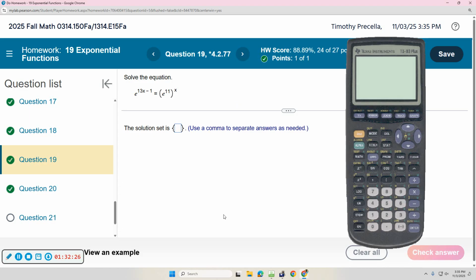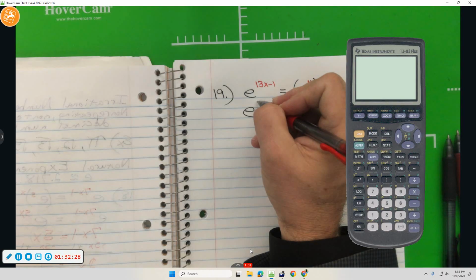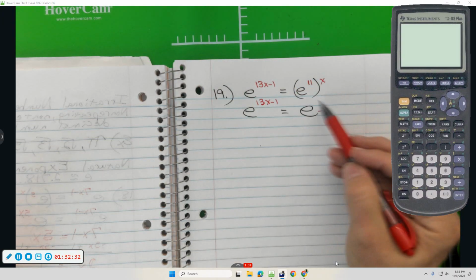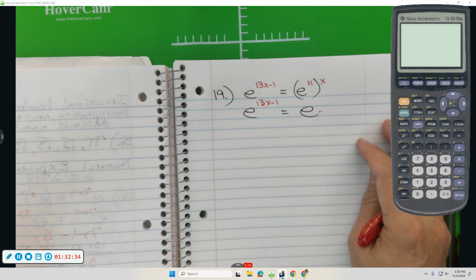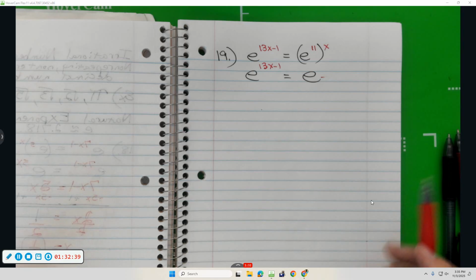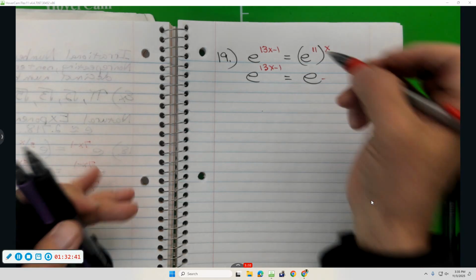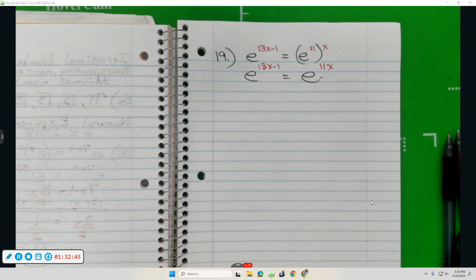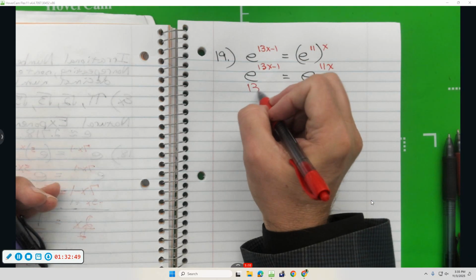There's only one. All right, I'm not going to change the left side. What am I going to do on the right side? 11 times x. And then drop the e's, set the exponent equal.